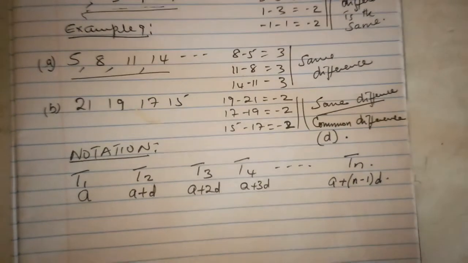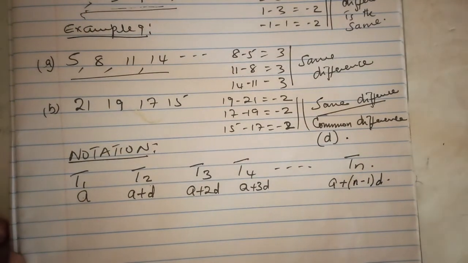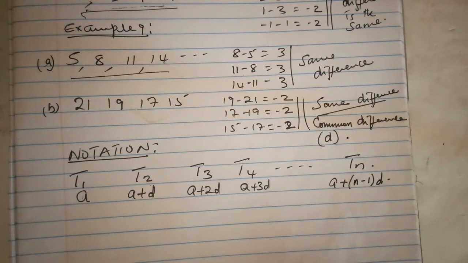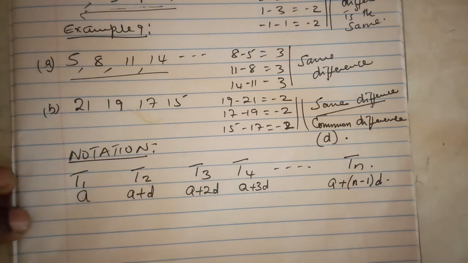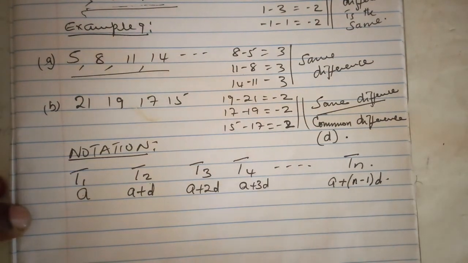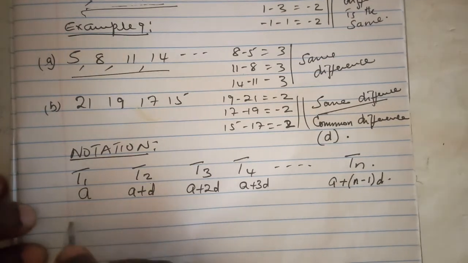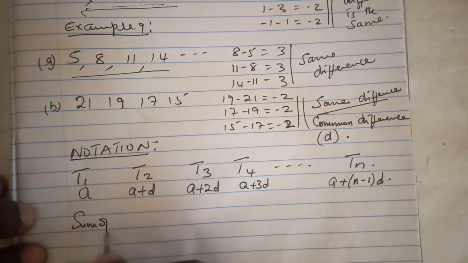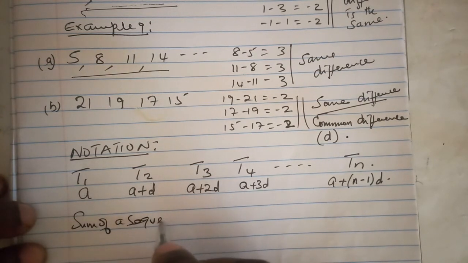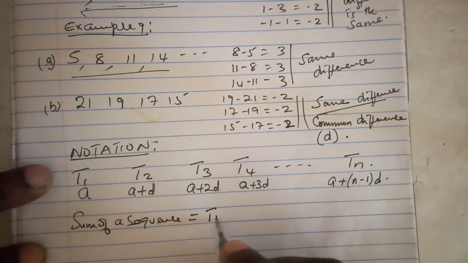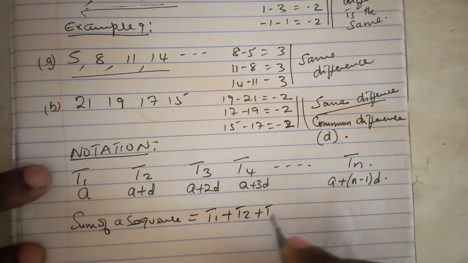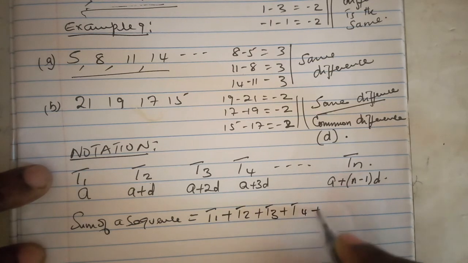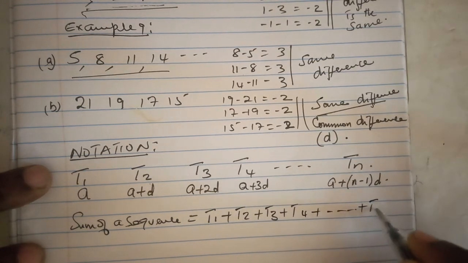At that particular point, I would want us to just explain arithmetic sequence. An arithmetic sequence is given by a plus d plus all that, all the way to the very last term, term n. So the sum of a sequence is given by term 1 plus term 2 plus term 3 plus term 4 plus all the way to term n.